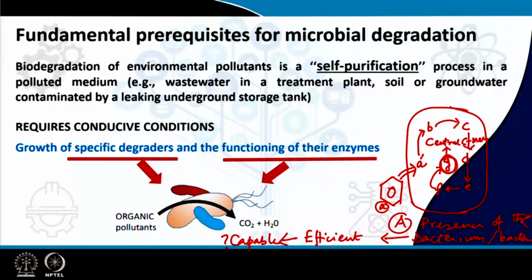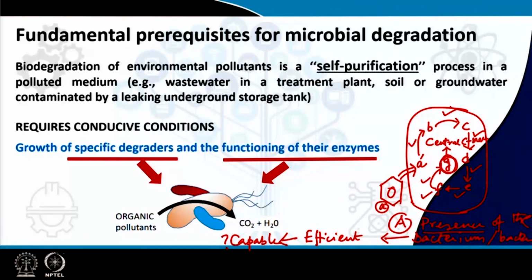Now, as we understand, the presence of these bacteria will be necessary, because these bacteria have all the enzymes capable of doing this process. Having said so, it is also necessary to understand that in a contaminated environment, the mere presence is not sufficient. The organism that is capable and efficient, having all these enzymes, must express them, must produce them, and they must be able to carry out the reaction.